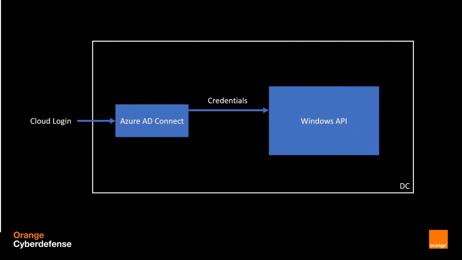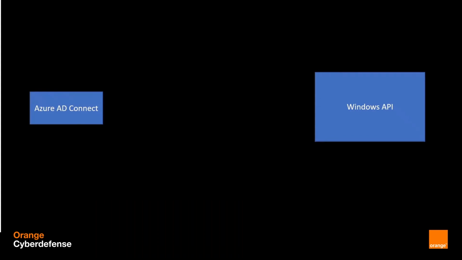The credentials are then decrypted and passed to the Windows API for verification. Then a Boolean value will be passed back, which returns the answer to the Azure cloud. The point in time where the credentials are decrypted and passed to the Windows API is of interest to the attacker, so let's have a closer look at that.